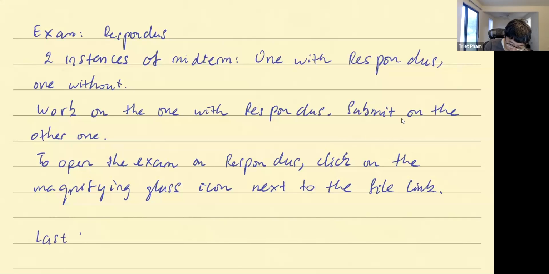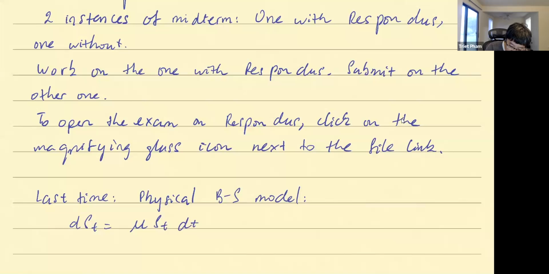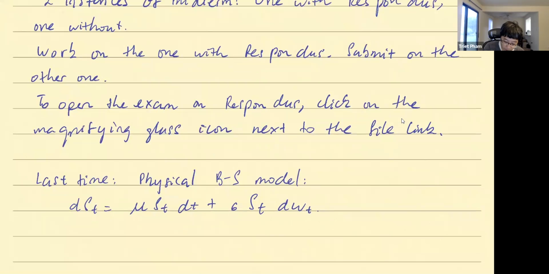So last time, we proceeded from the Black-Scholes model under the physical model, where the rate of return, the percentage return, is mu, and the Brownian motion is denoted as W. And the percentage return under the risk neutral framework is R, and the Brownian motion is denoted as W tilde.